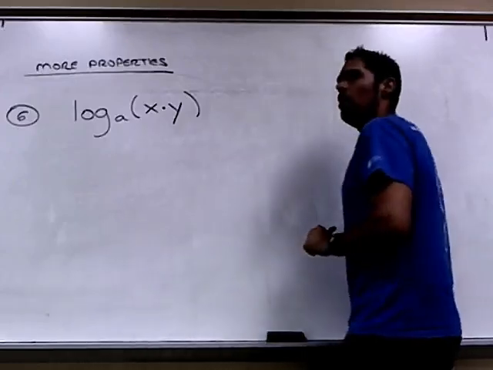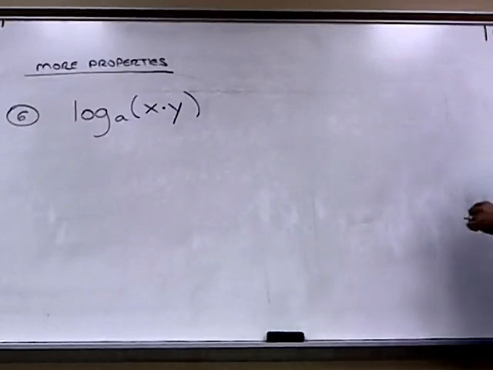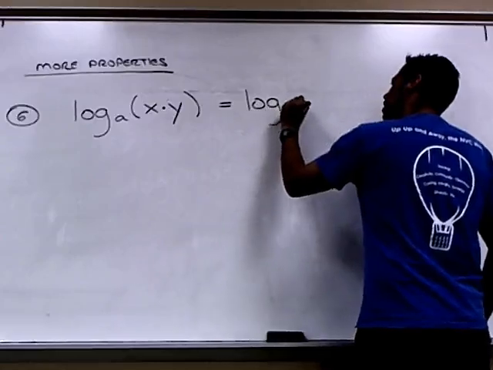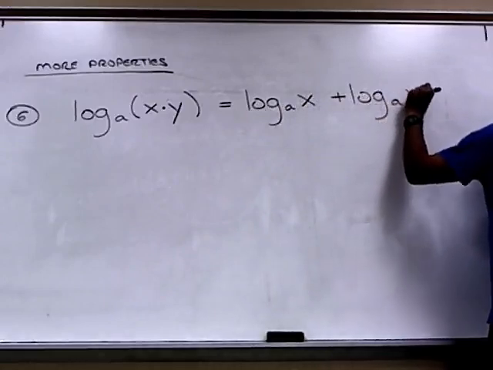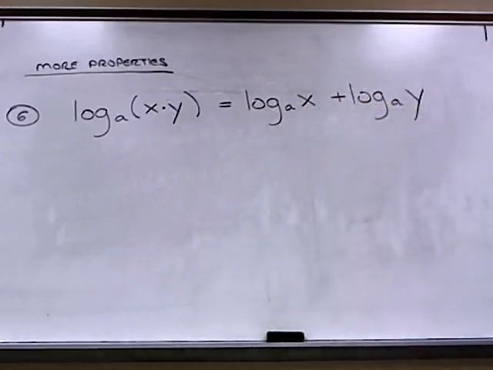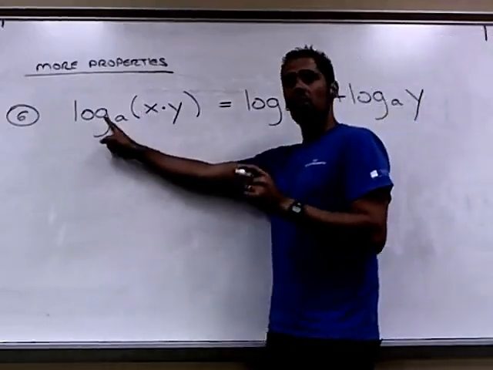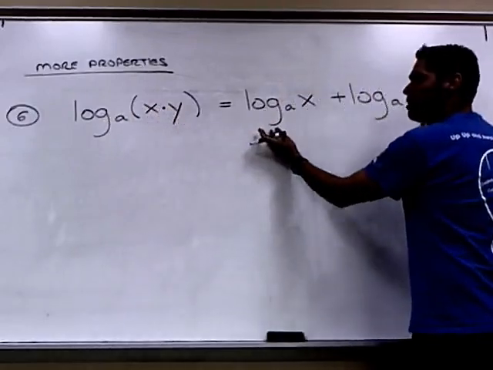Multiplication inside of a log. This property says that you can take that log and split it up into 2 logs with addition between them. So a single log with multiplication inside becomes 2 logs with addition.